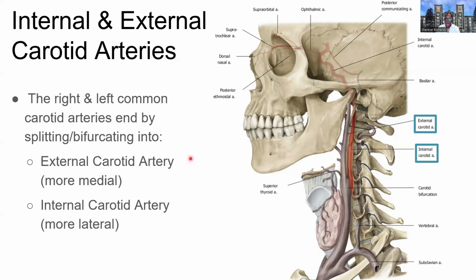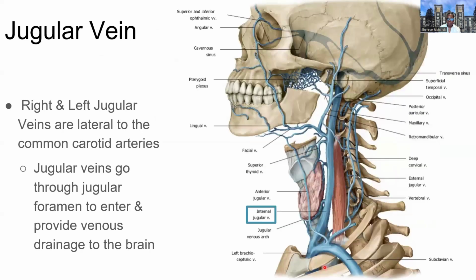Okay. Now, the difference here, as I mentioned, on the left, the carotid comes from the common carotid, which comes from the arch of aorta. On the right, the carotid comes from the brachiocephalic trunk. So slightly different anatomy from left to right.